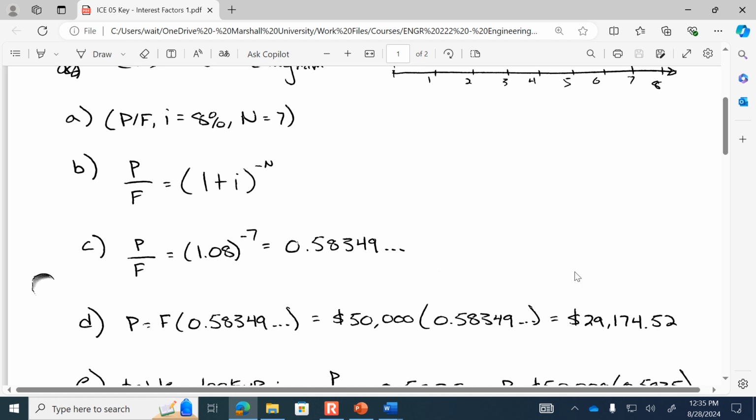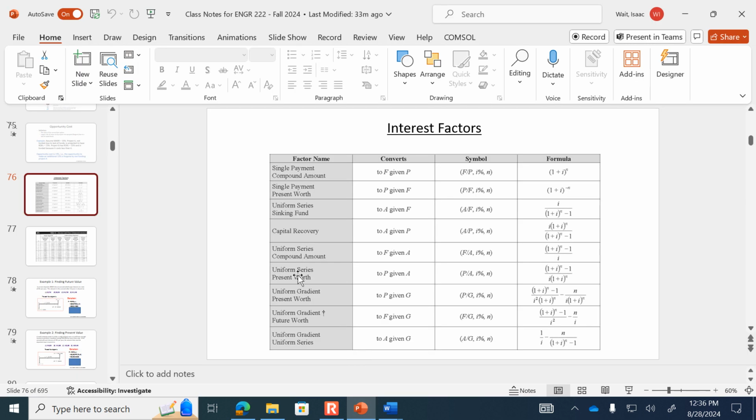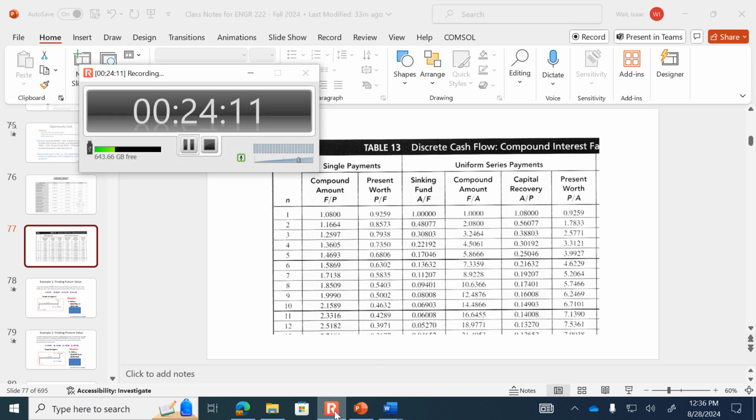Good. All right. Now what this says is use the table lookup method to solve the problem. So this is 8% interest. We have the 8% table here. So 8%, n equals 7, and we want the find P given F, 0.5835.